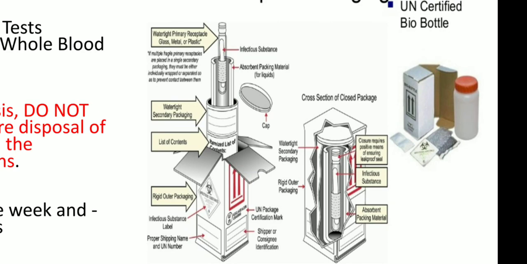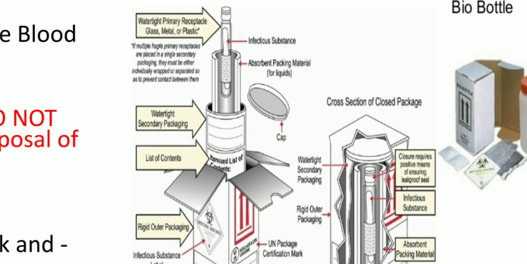Several primary receptacles or patient samples, if present, may be placed with sufficient additional absorbent material in between them so that all the fluid can be absorbed in case there is a leak.